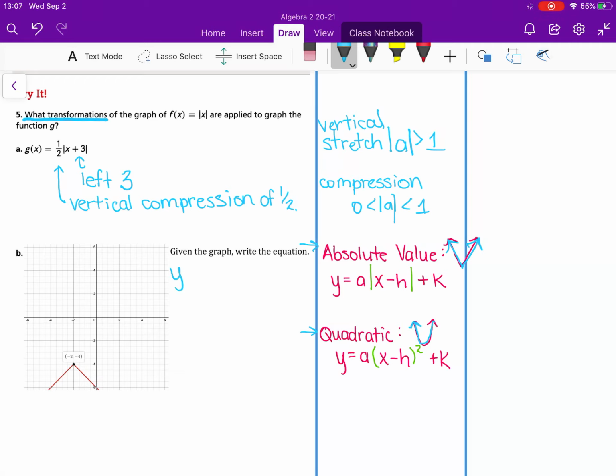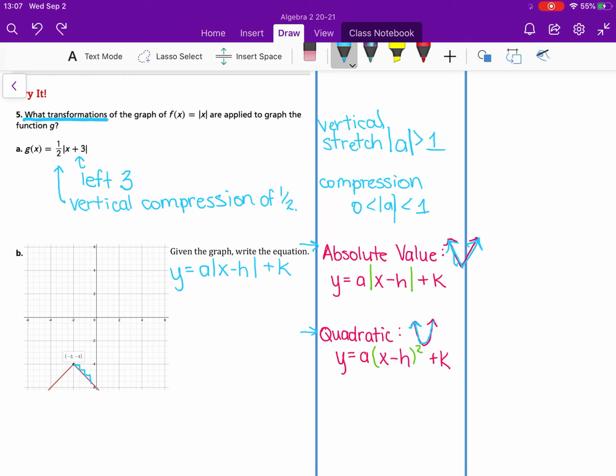So that means that I am going to use this one. All right. To determine what A is, I look at the slope. Over 1, down 1, over 1, down 1, over 1, down 1. So that's just 1. However, it's not going in an up direction.